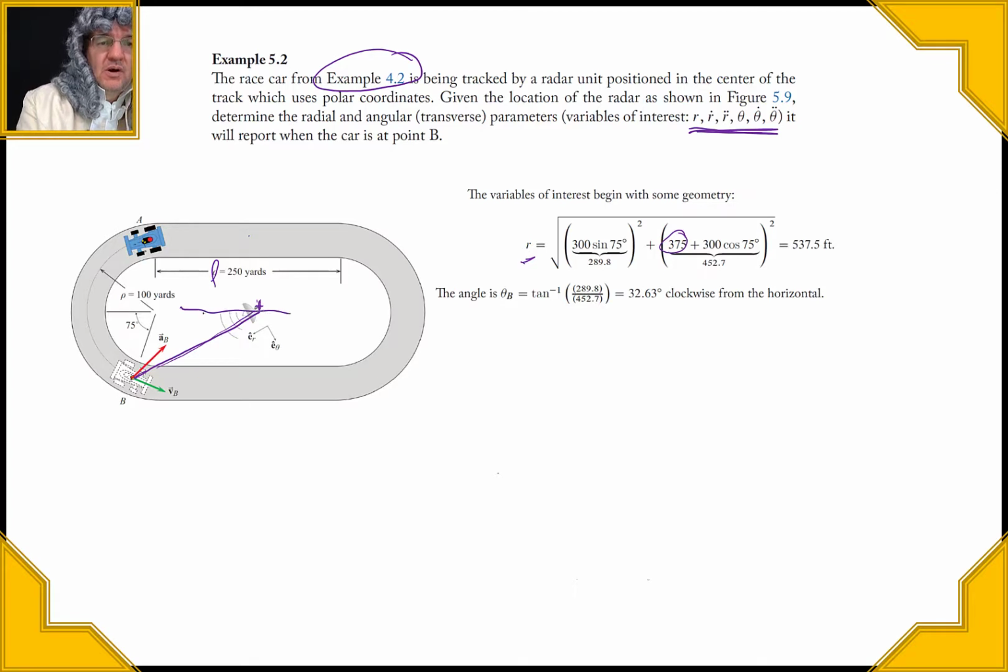We found that this angle right there is, as was said, clockwise from horizontal.